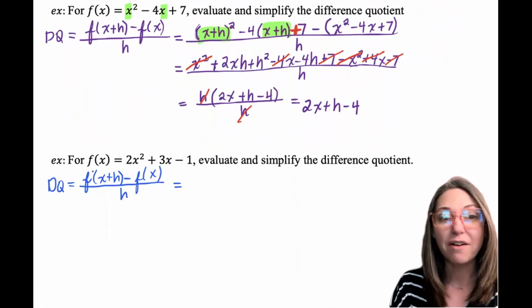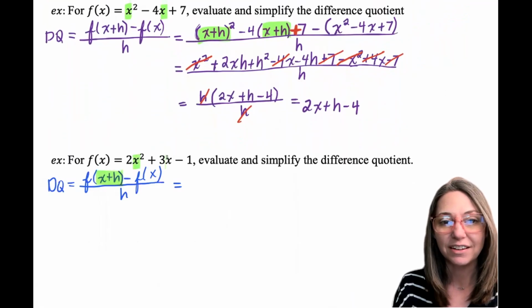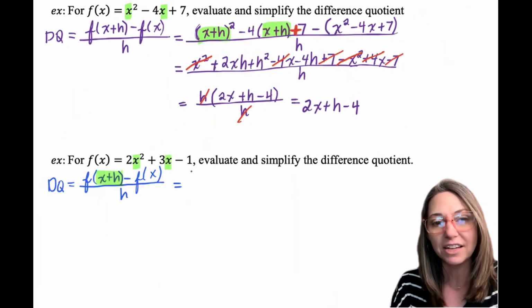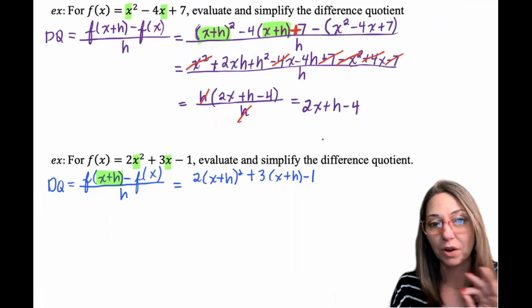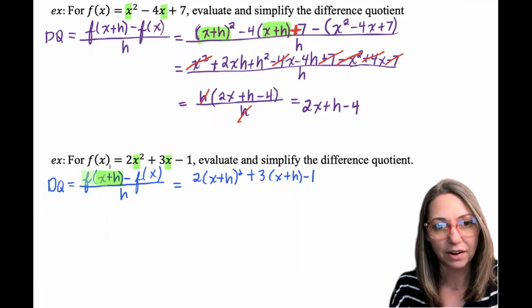Okay, so f of x plus h, we're going to plug in x plus h into the function there and there. Each x gets replaced by x plus h in parentheses. So 2 times parentheses x plus h squared plus 3 times parentheses x plus h minus 1. There's f of x plus h. In fact, let's re-highlight all of that in green.